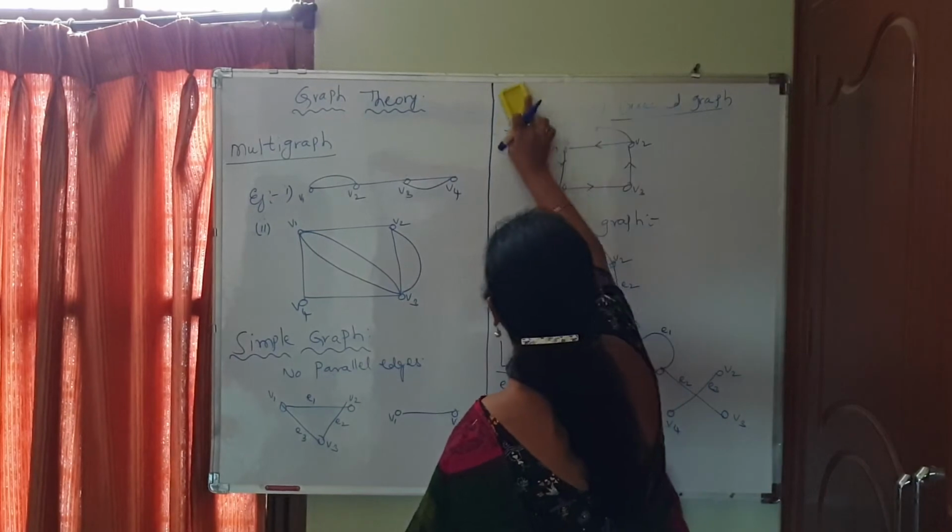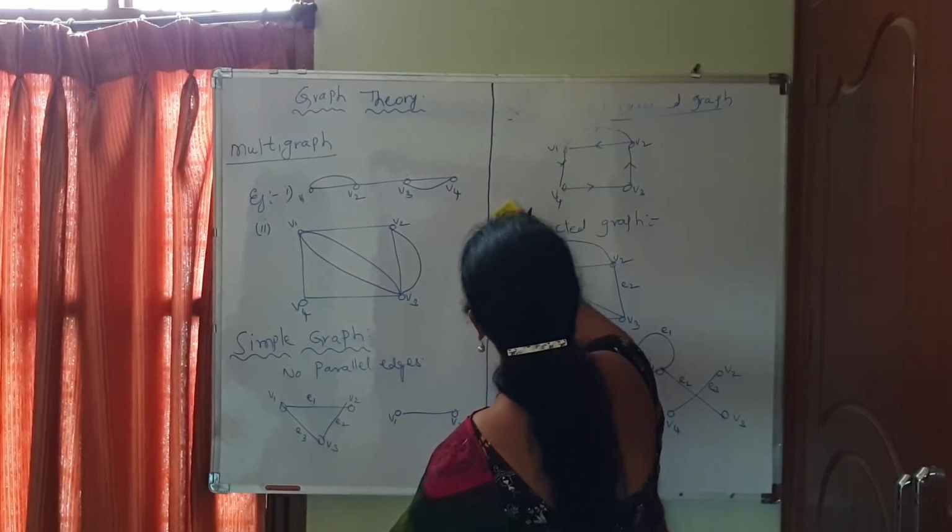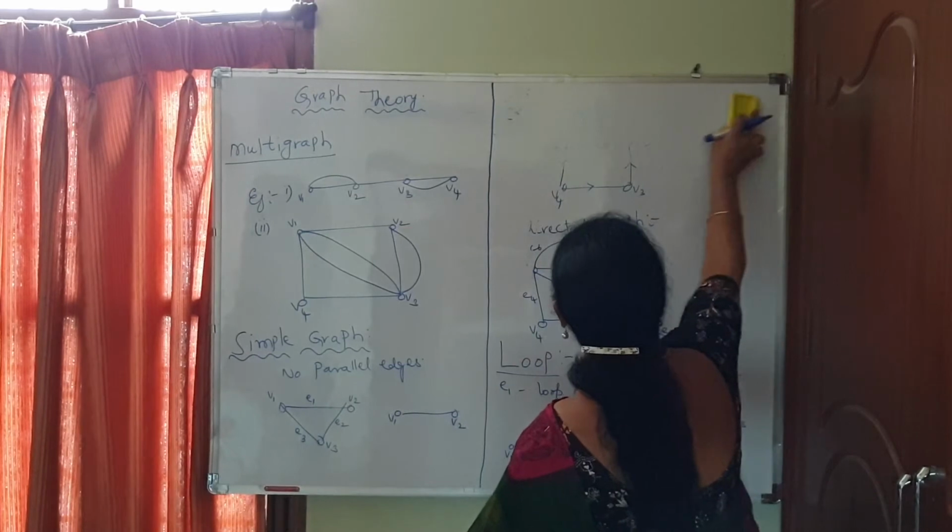Next, in the multigraphs we have two categories: directed multigraph, undirected multigraph.